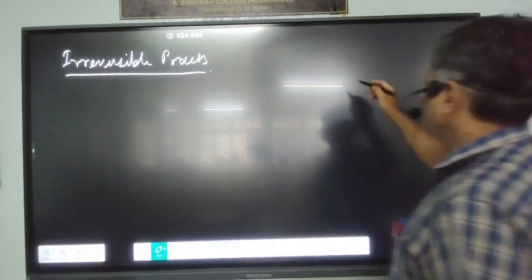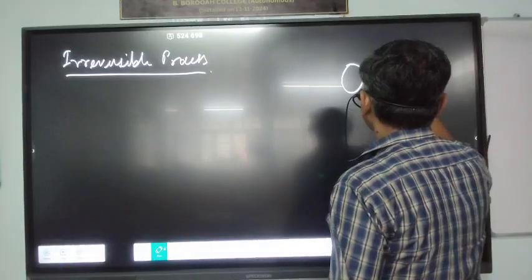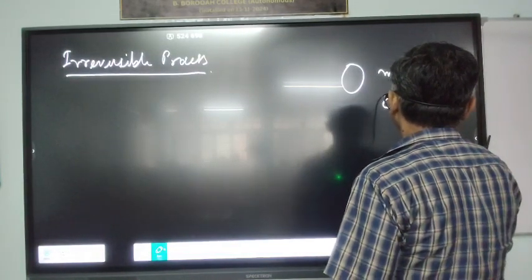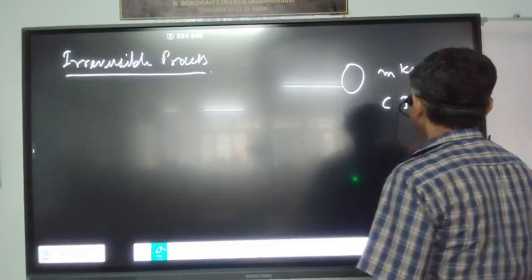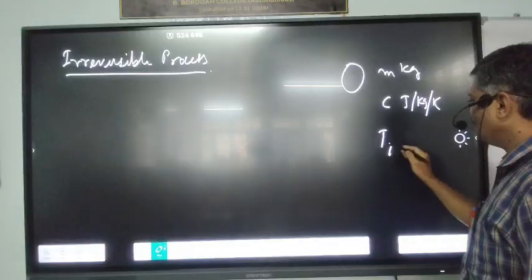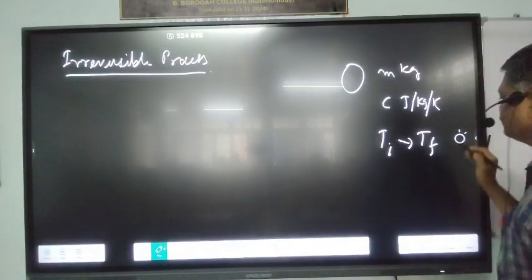If you take an irreversible process, let me consider an object of mass m kg and specific heat c, joule per kg per Kelvin, and the temperature is changing from Ti to Tf.